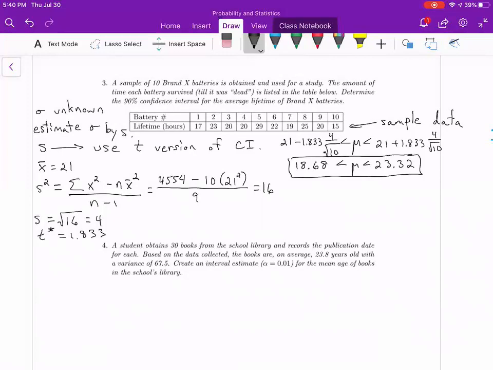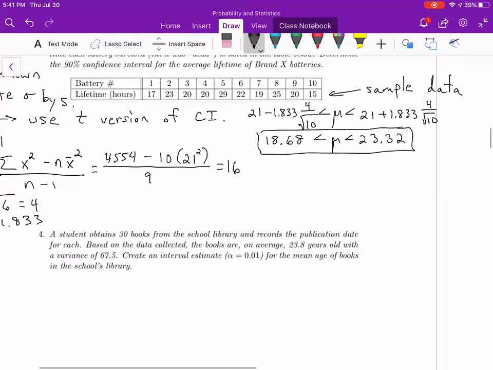All right, so let's go ahead and interpret this. Interpretation is the same pattern that I introduced the last class. We say how confident we are. We are 90% confident. And then the second part, interpret what the parameter in the middle means. So what is mu?